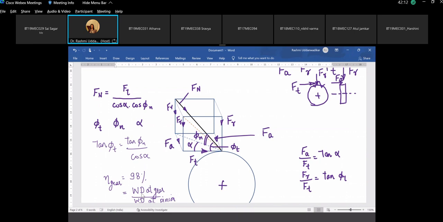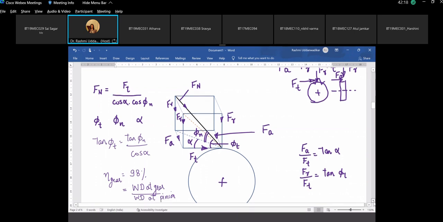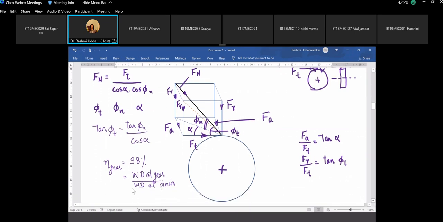So in each pinion to gear transmission, there would be 2% loss, and this loss goes as what? What happens to this 2%? This 2% is the heat loss. This energy goes as heat.